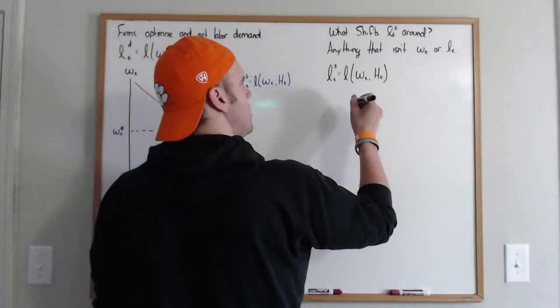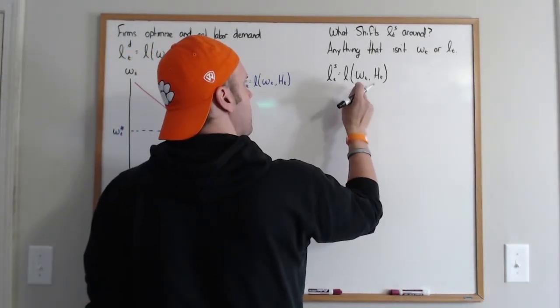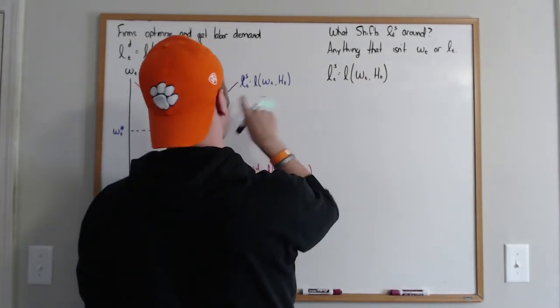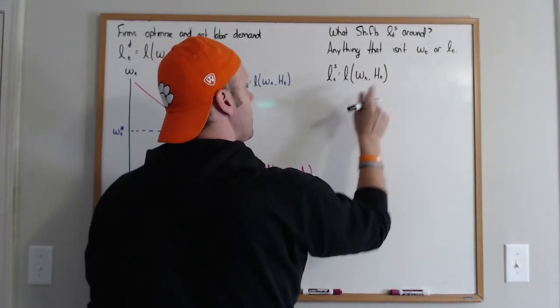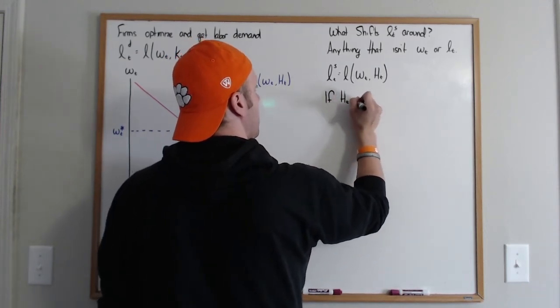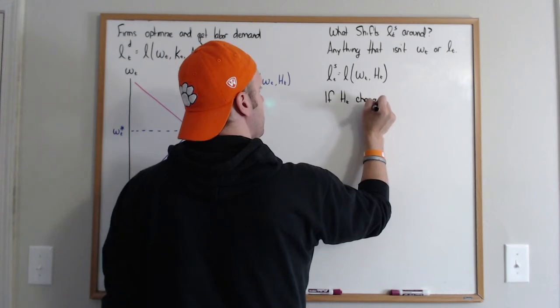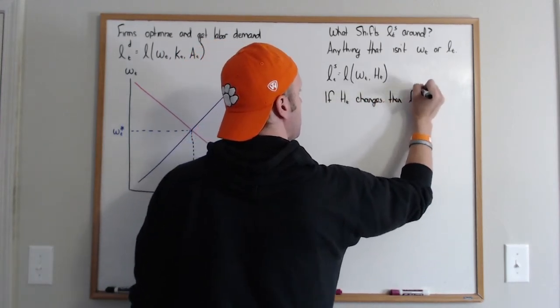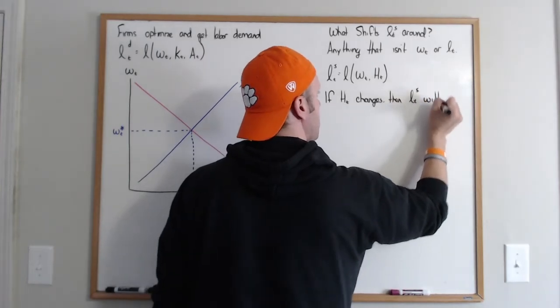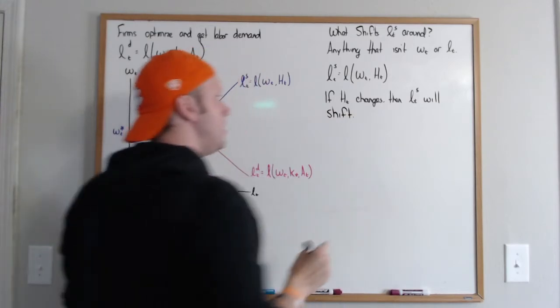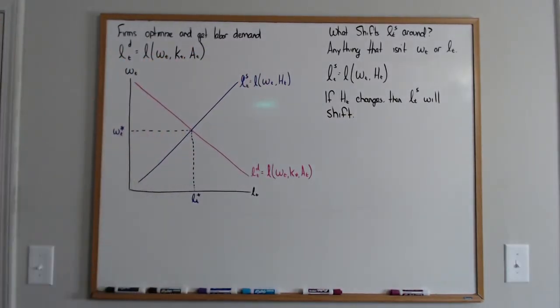So if W changes, well, nothing really happens. Well, I mean, stuff happens, but the curve doesn't shift. What about HT? Well, if that changes, then labor supply will shift.